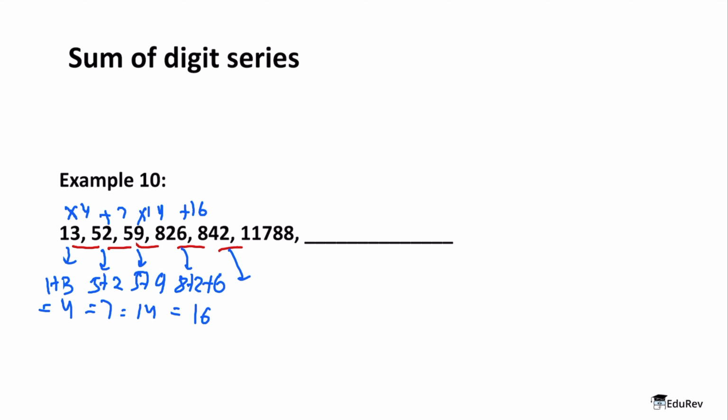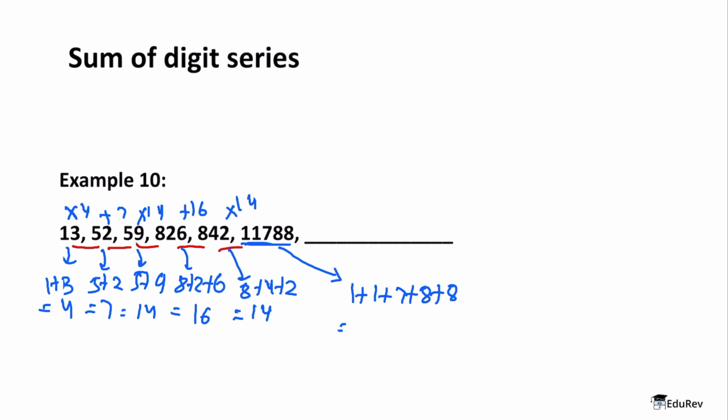With 842, we have 8 plus 4 plus 2, which is 14. Once again we multiply it by 14 and we get 11,788. Now to solve this, we have 1 plus 1 plus 7 plus 8 plus 8.